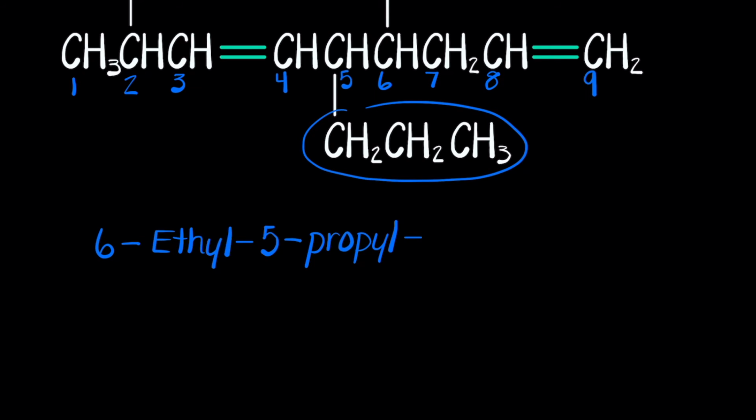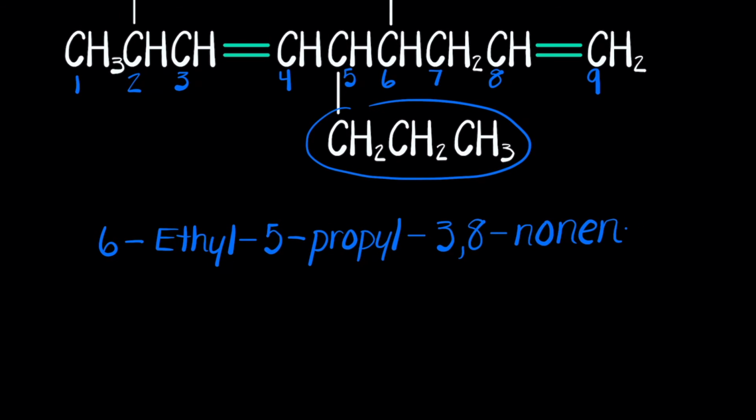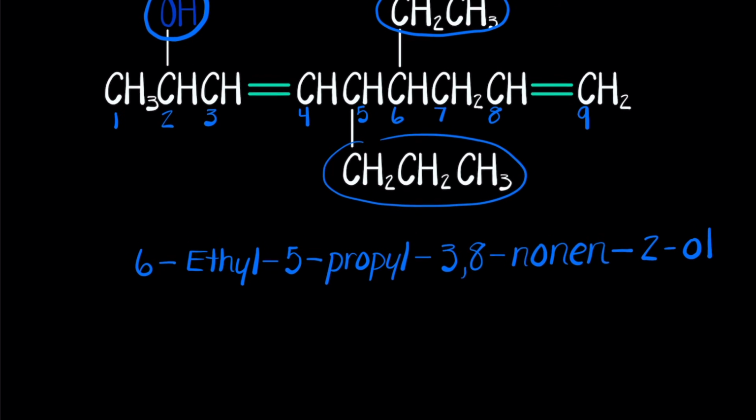Now we designate the alkene, both of them. 3, 8. It's a 9-carbon chain, so nonene. And since there's an alcohol, you leave off that last E. So that is not there. And then we designate 2-ol. And that's your nomenclature for this.